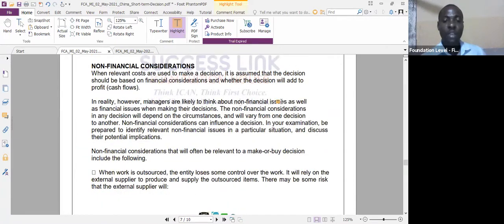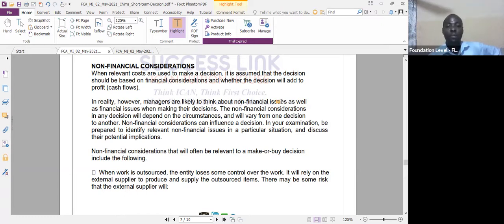So I was talking about financial consideration before. It's not only about the numbers. Yes, the numbers will tell you financially whether to make it or divert it to outsource or make it in-house. But when you look at the non-financial considerations, you shall see that sometimes financials will not tell you the decision to take.